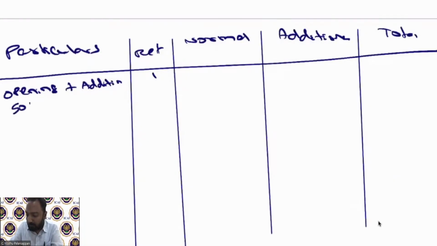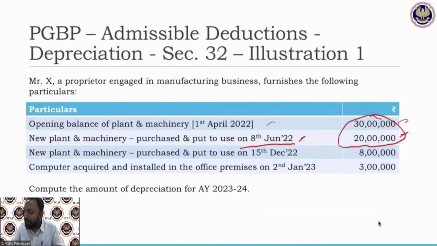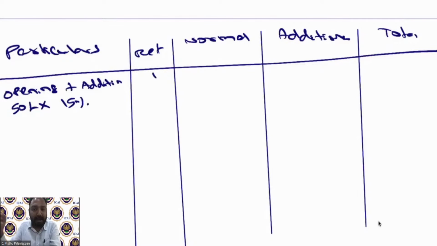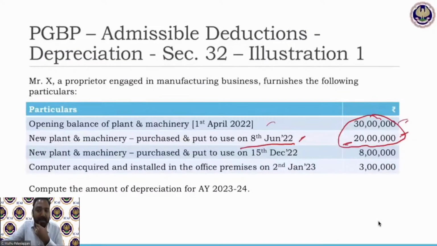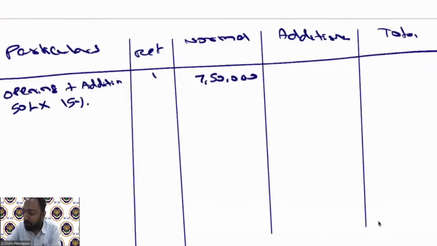So it is 50 lakhs into 15%. That is 7.5 lakhs, right? Yeah. All these are plant and machinery, so it is general plant and machinery. So it is 7,50,000. Now this 20 lakhs is purchased during the year, so it is eligible for additional 20%. That means it is eligible for additional 4 lakhs.